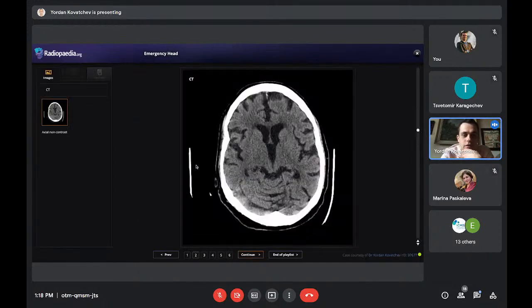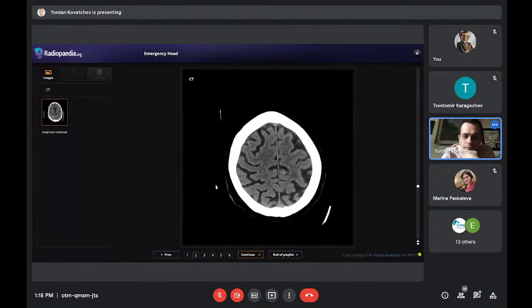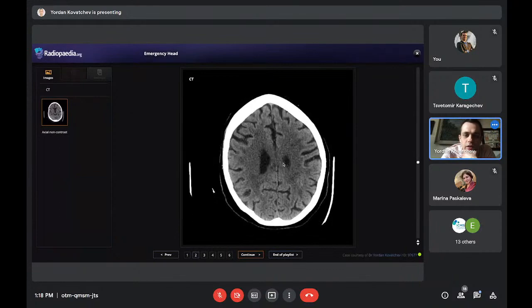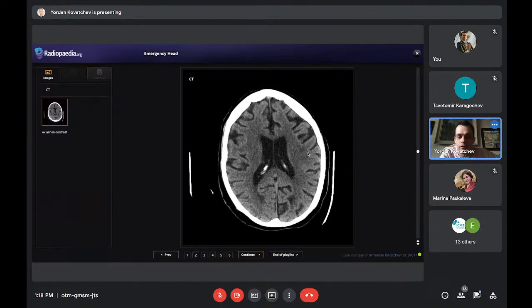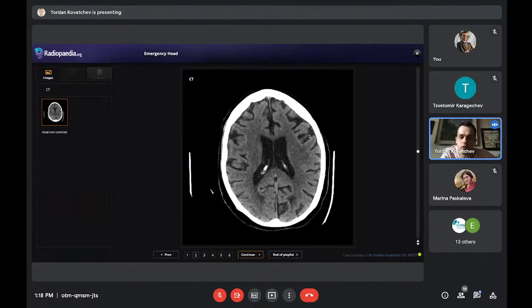Let's look at the first CT. This is upon admission of the patient. One thing I didn't mention, because this is an 80-year-old patient, you see this often, and it won't strike you as evident if you haven't seen enough head CTs, but you see how the sulci are deeper, a bit.